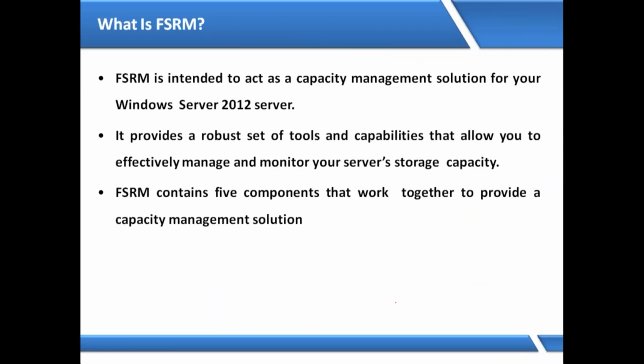So when we install this service FSRM, how many components will we get by default? Five components, through which we can effectively monitor and manage the network drive or home folder space and prevent the user from wasting the server hard disk space.